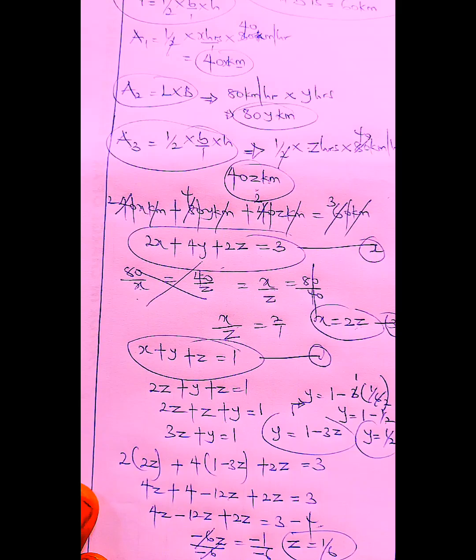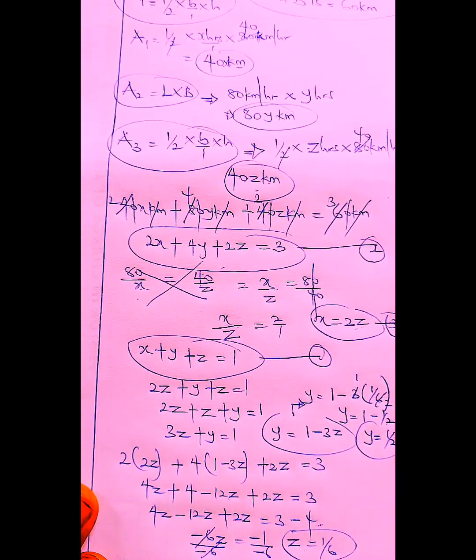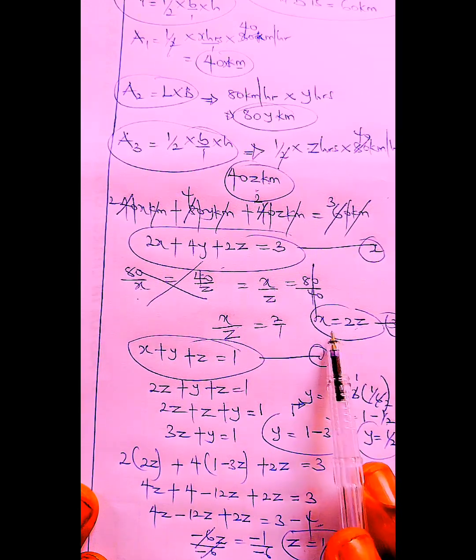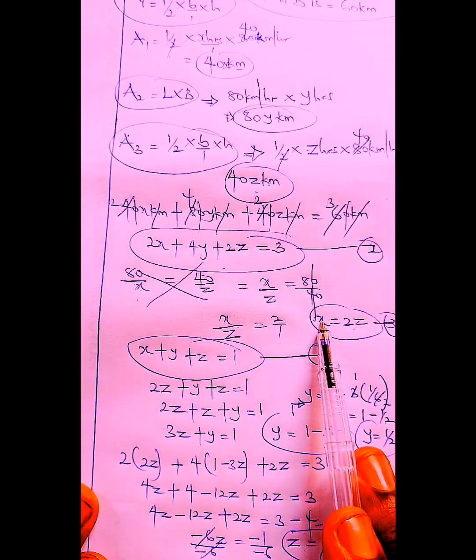So quickly, let's get other stuff. We have our y to be 1 over 2, and our z to be 1 over 6. So what's going to be our x then? Don't forget x is 2z.